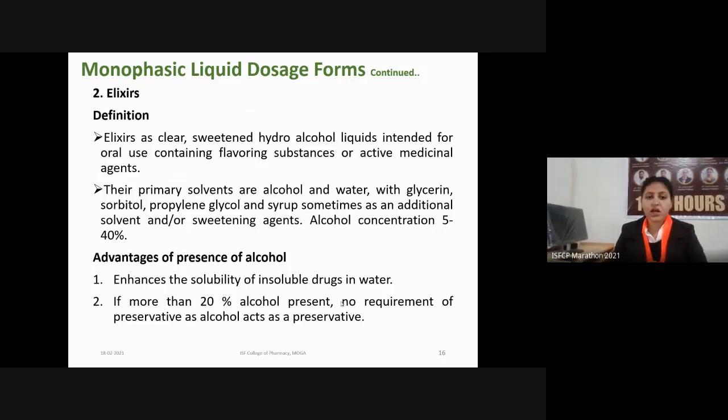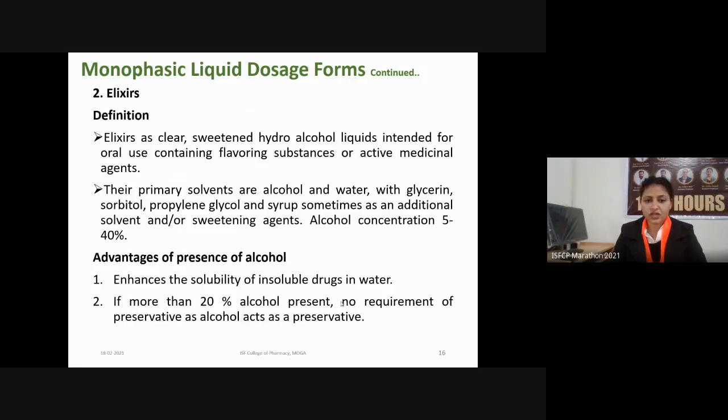Now, what are elixirs? Elixirs are clear, sweetened hydroalcoholic liquids intended for oral use, containing flavoring substances or active medicinal agents. It means elixirs are used for oral preparations.